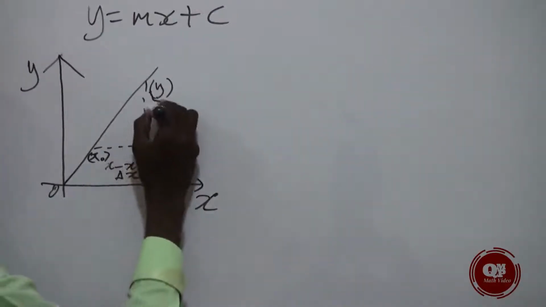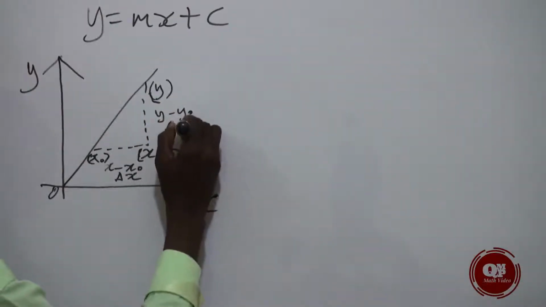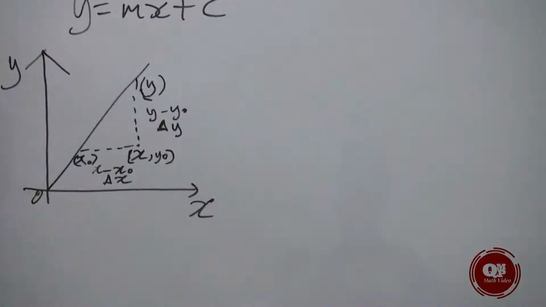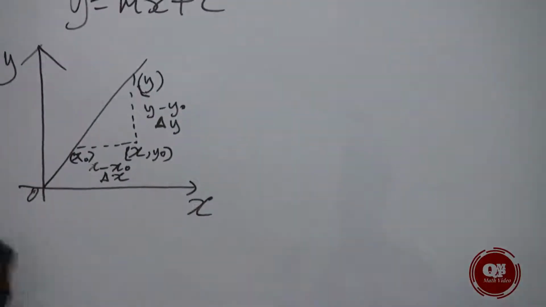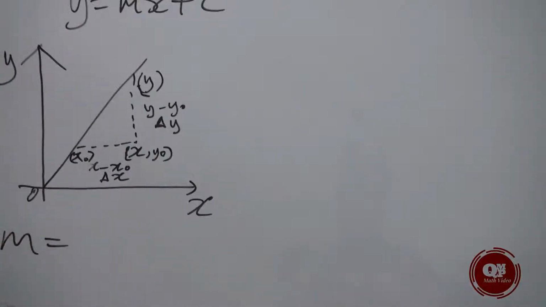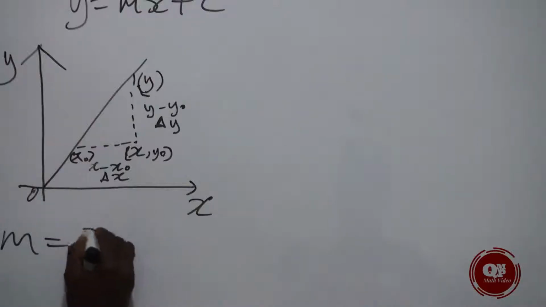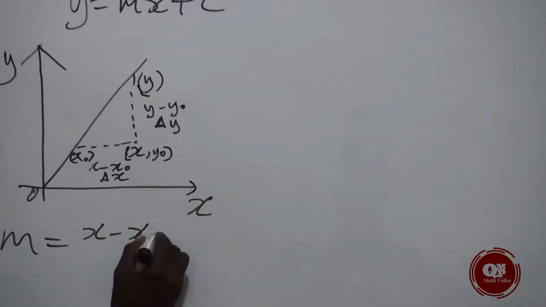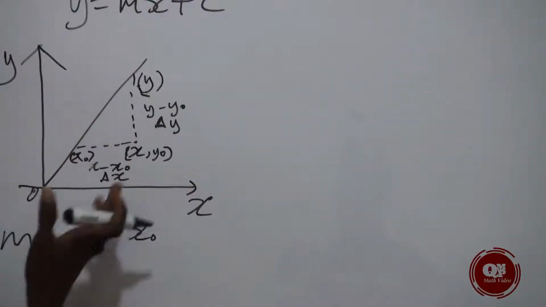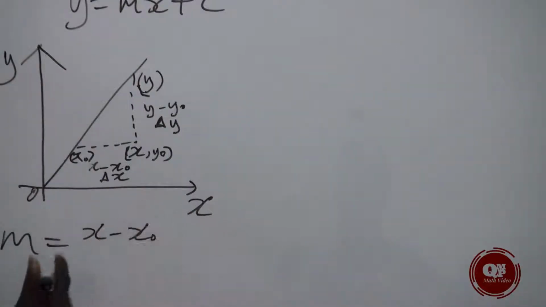And here also we have y minus y naught, and we are going to call it the change in y. So here we have our gradient, that is the m. Our m happens to be the change in x. So we have x minus x naught. The x happens to be the final x, and the x naught happens to be the initial x.